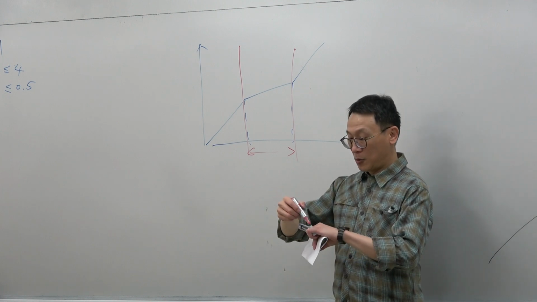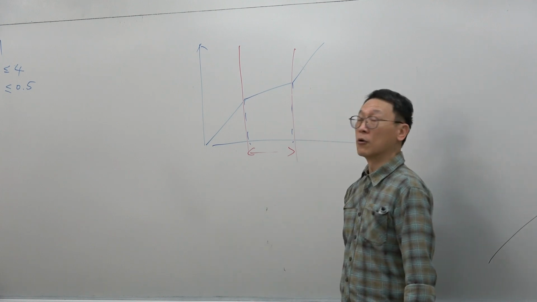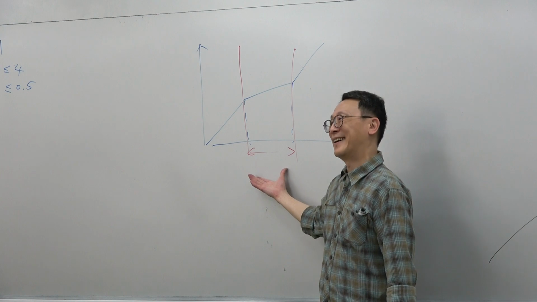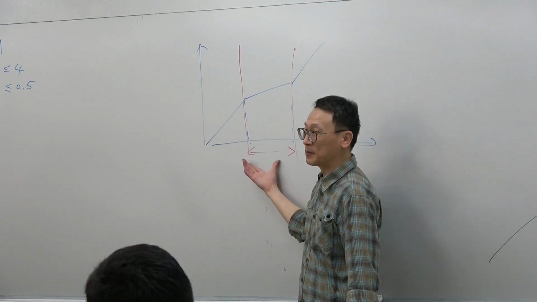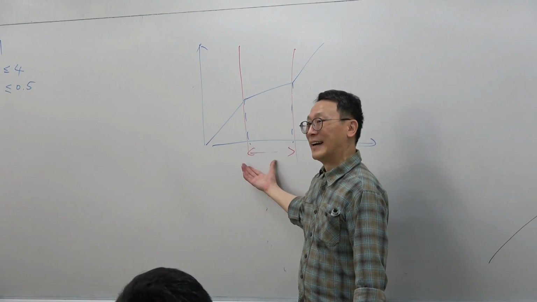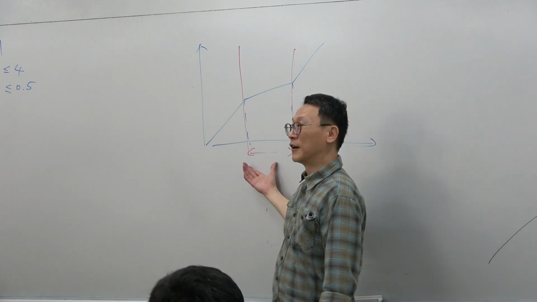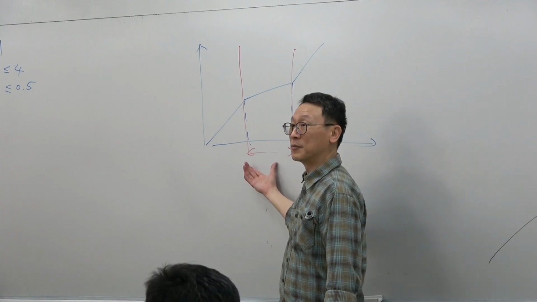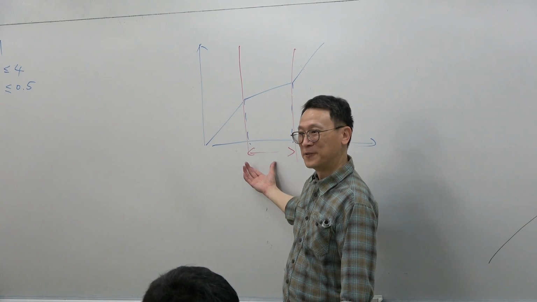Okay, maybe you will simply say, okay, I will just solve them as a non-linear programming problem. But at the end of the semester, you will find that solving it as a non-linear programming problem is not an easy one.